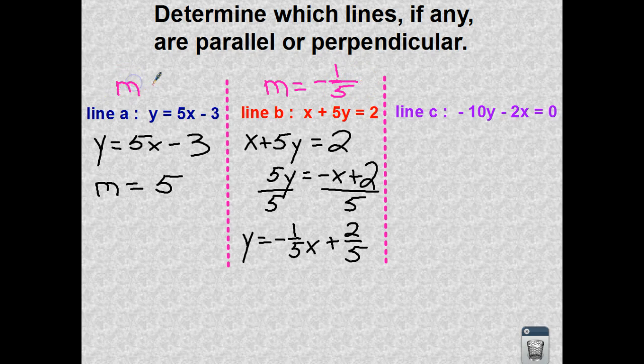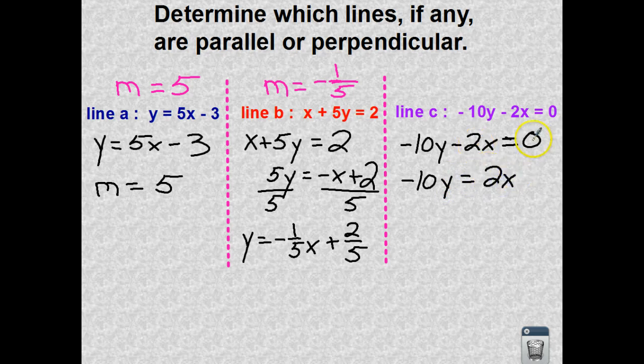Line A was 5. And let's go work on line C here. Okay, let's rearrange. So negative 10y stays. The negative 2x goes to the right and becomes positive 2x. And the 0 is just plain old 0, so it doesn't even really exist. We don't need to put that down anymore.